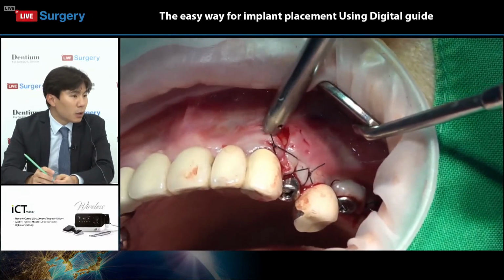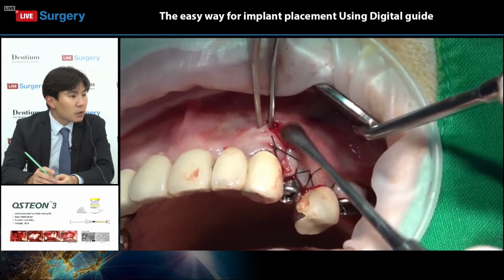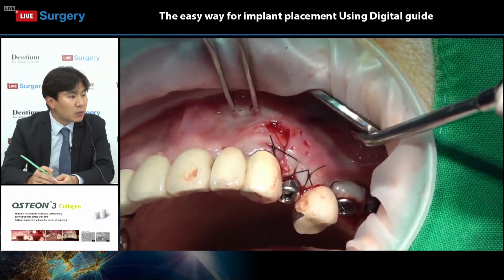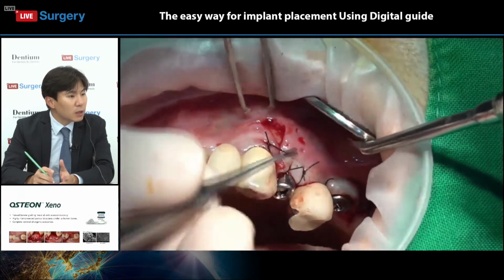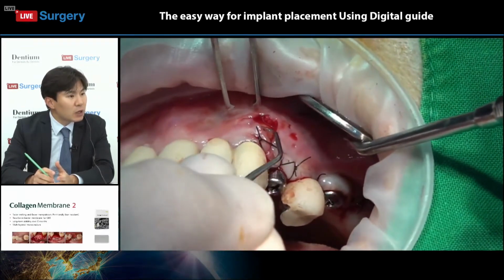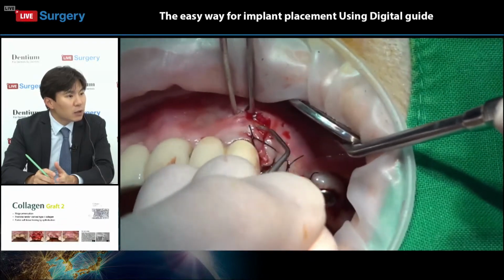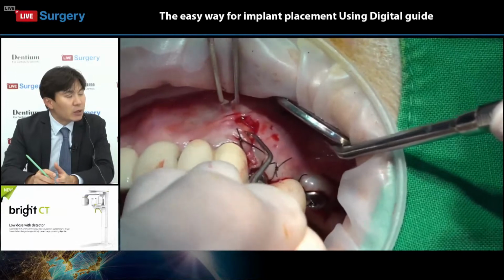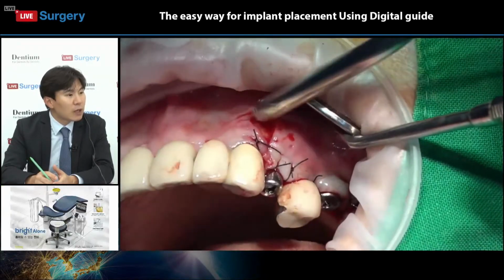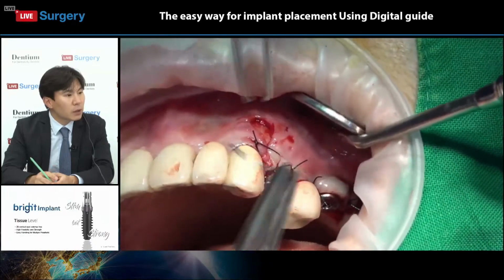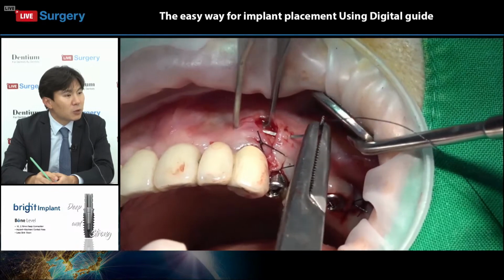The tissue on the canine area is not very mobile, so that's why he stopped the suturing and took out the curette to further elevate the small flap in that area to make it easier to approximate the flap.